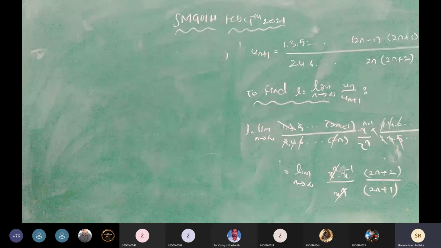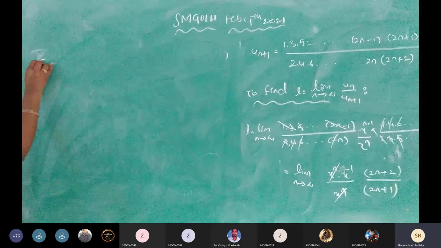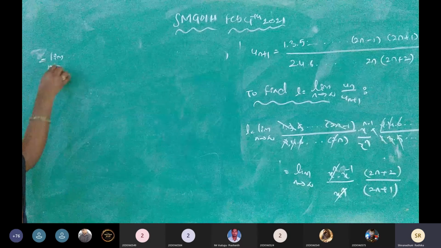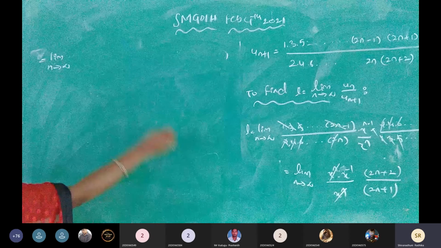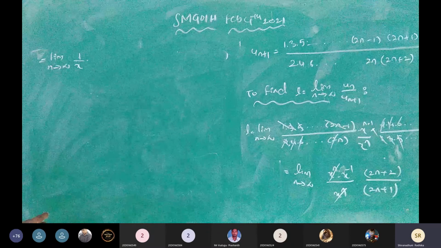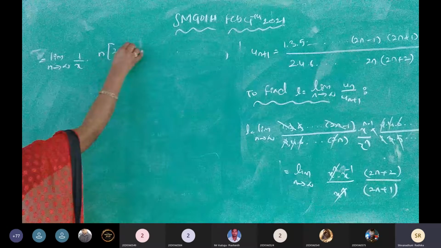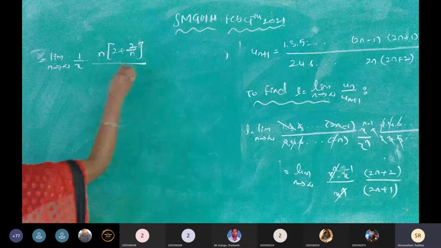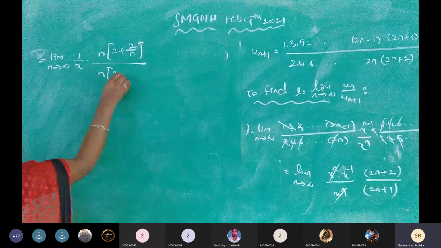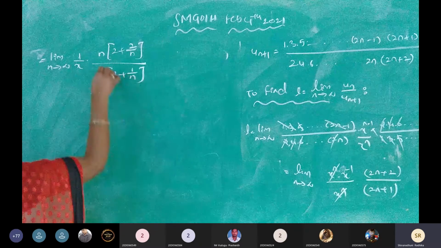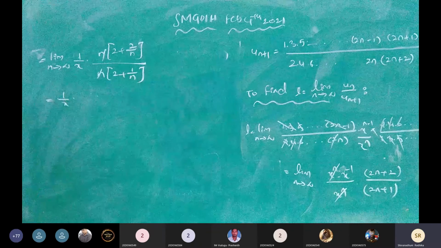Now what is the last one we get here? Limit n tends to infinite, x to the power of minus 1 can be written as 1 by x, and in the numerator I am going to take the common of n: 2 plus 2 by n by n common, 2 plus 1 by n. N and n get cancelled.